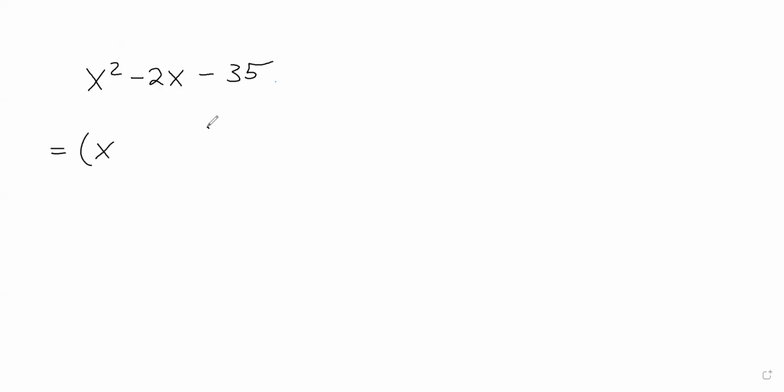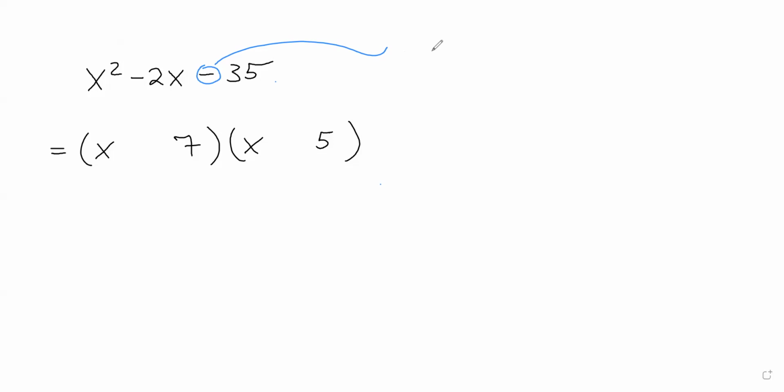I have my product of binomials. I need factors of 35. What comes to mind is 5 and 7. The order doesn't matter. You could have written a 5, then a 7. Now what changes? How does my problem change? Well, now the sign of my constant is a minus symbol.